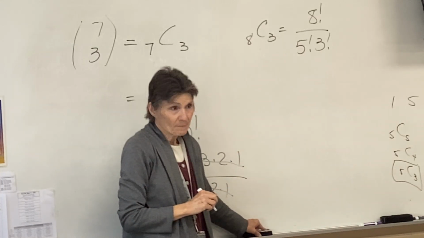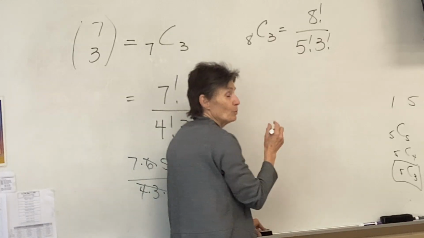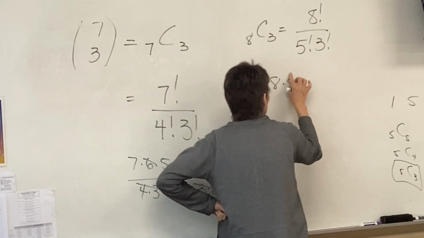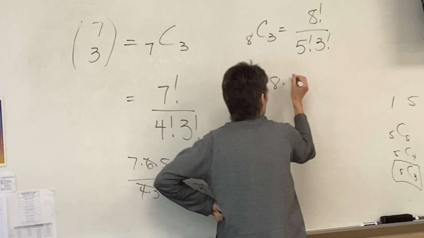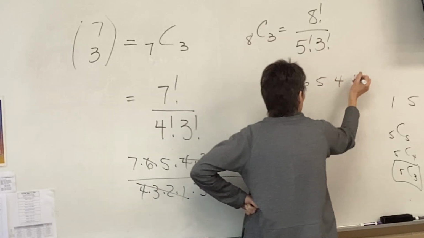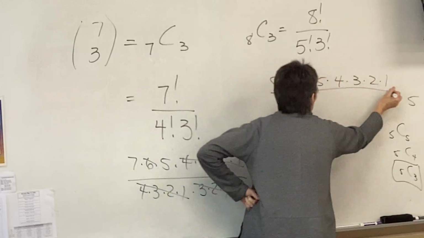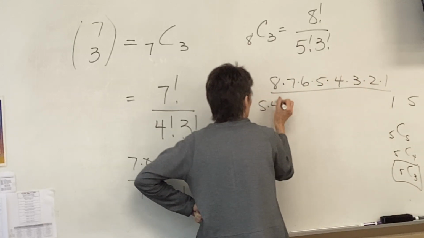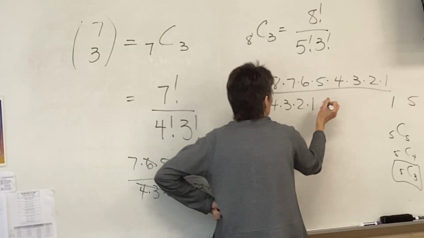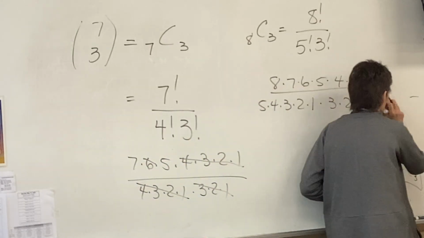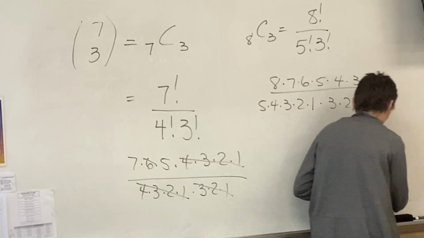Everybody okay with that? Now, if we're doing this without our calculator, we'll have 8 factorial over 5 factorial times 3 factorial. Everybody look at that and make sure that makes sense to you.